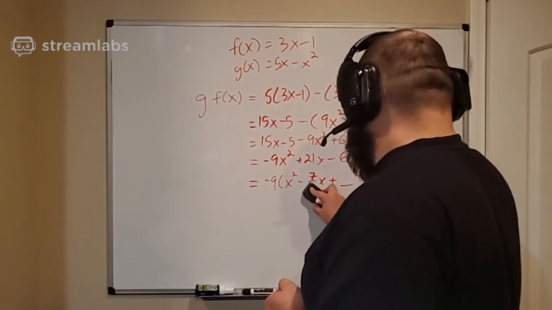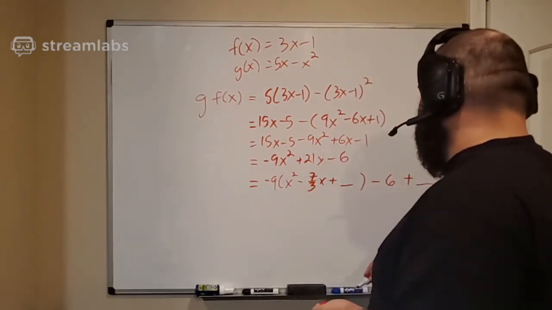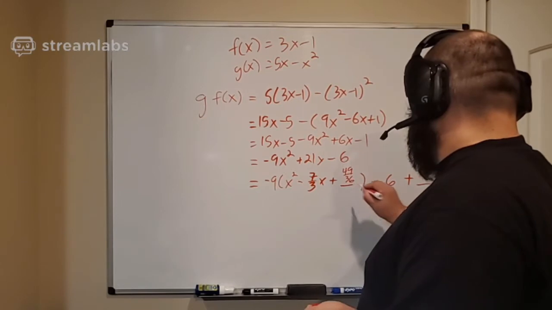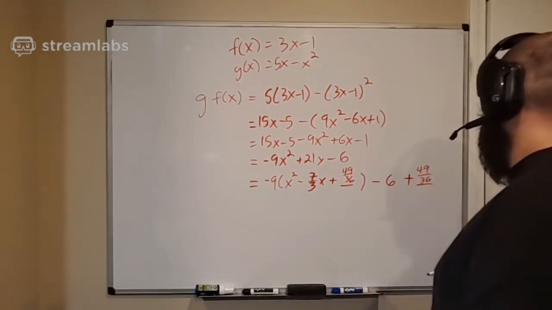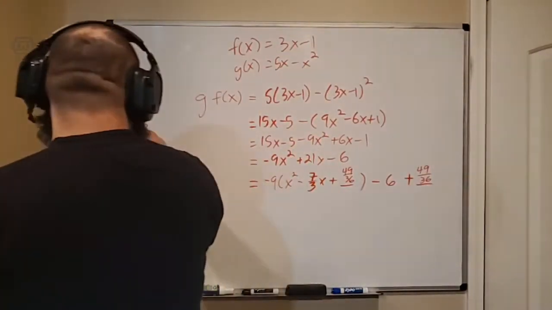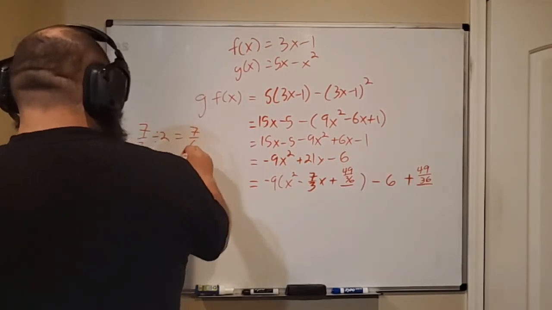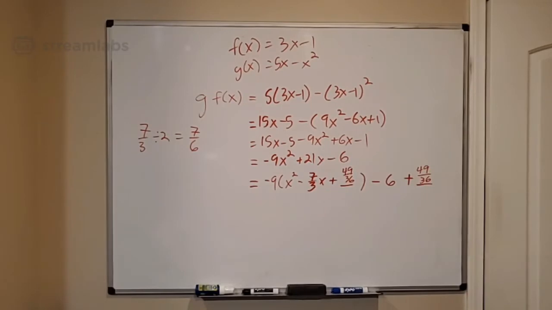So cut it in half and square it, so that's 7/6, so 49 over 36. In case you don't remember, if I take 7/3, cut it in half, I get 7/6. So square it, put it in both blanks, and then just finish your complete square.